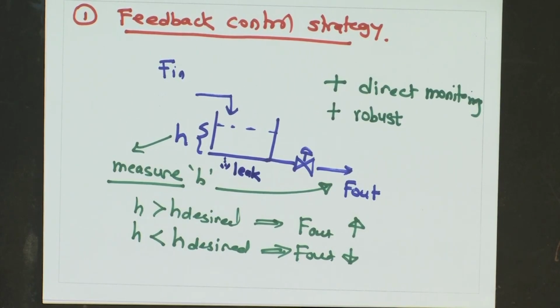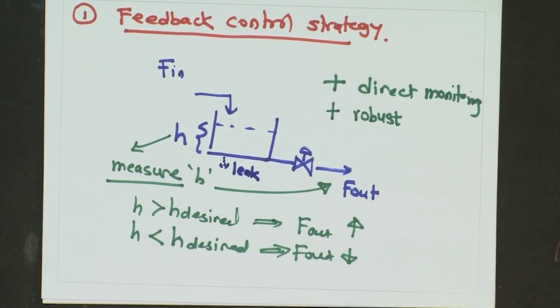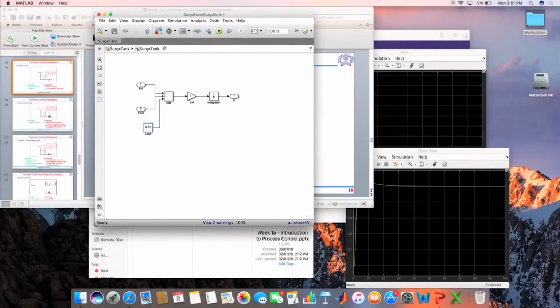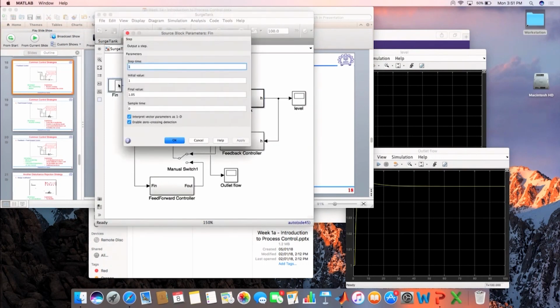In that case, would the feedback control strategy be able to control the tank? So, let us see. This is the surge tank, and we introduce a small leak into the system, which is going to drain flow at a rate which is 1% of the feed flow, and there is no disturbance coming from the inlet flow rate.